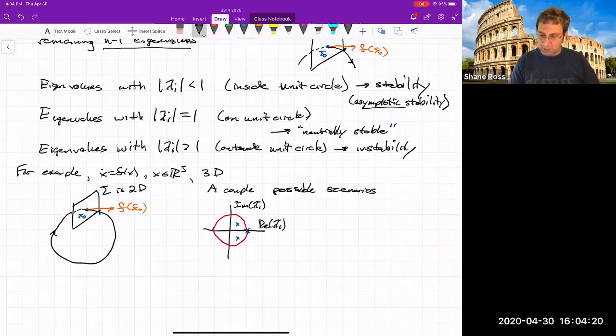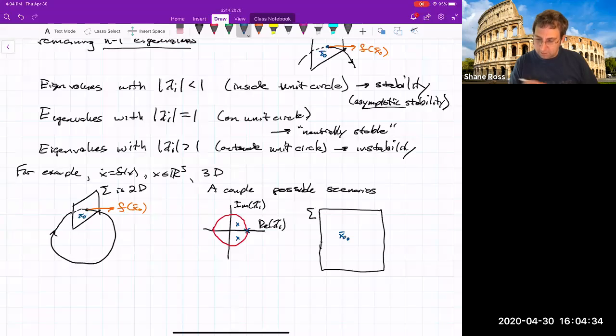So what the dynamics look like along the Poincaré section, we can sketch that out. Here's the sketch of what things will look like on the Poincaré section. We've got the fixed point, which is the initial condition along the periodic orbit. And if I have some initial point here, we could think of that as an initial perturbation vector, y0.